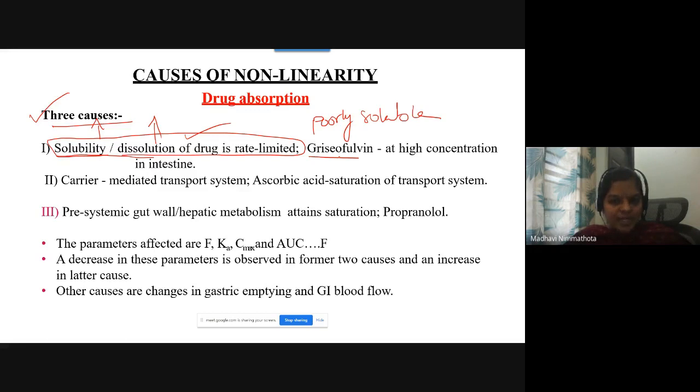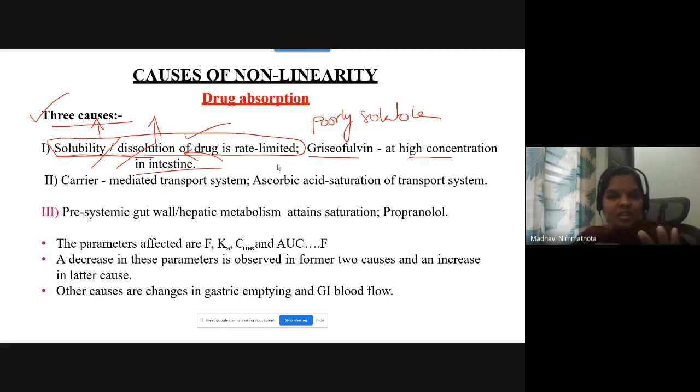At high drug concentrations in the intestine, it will undergo dissolution or solubility, and there is an alteration of its drug absorption. Why? We are considering it as a poorly soluble drug, but what it is doing is enhancing its solubility or dissolution at high drug concentration in the intestine. So it is exceptional.